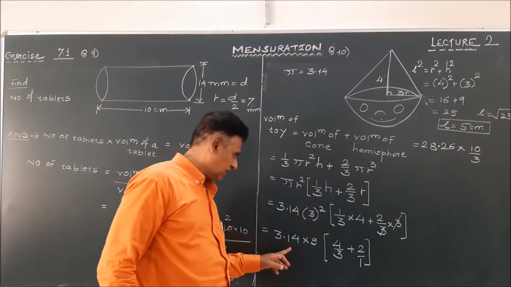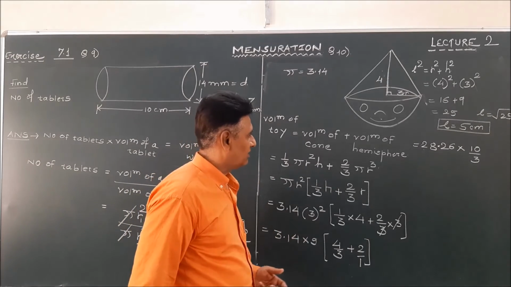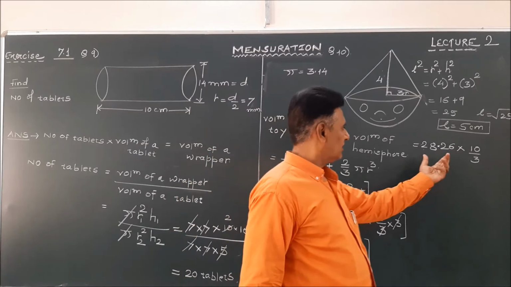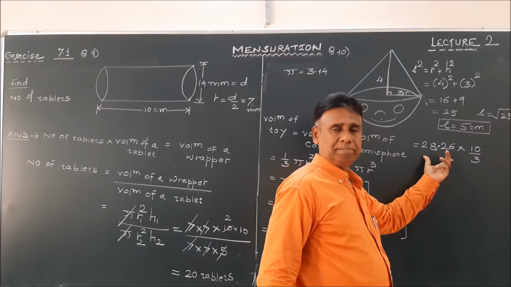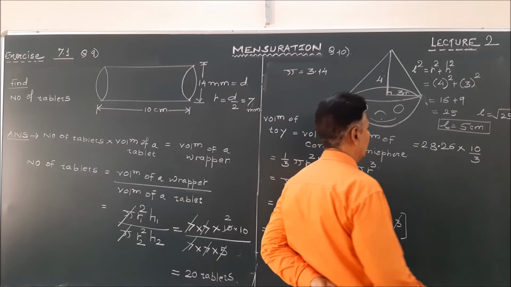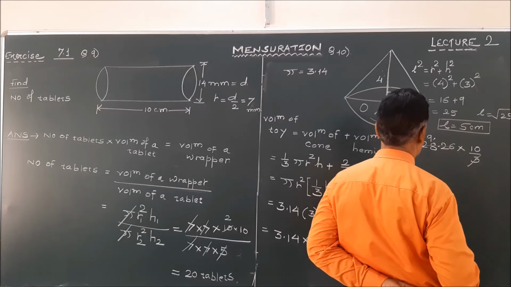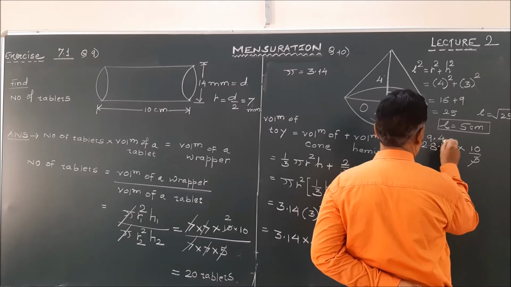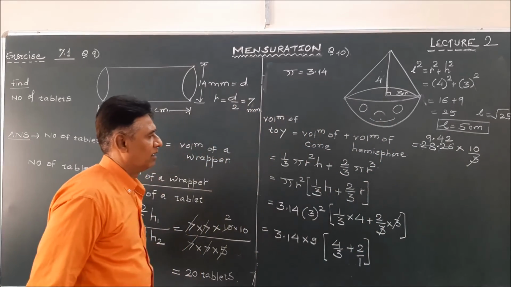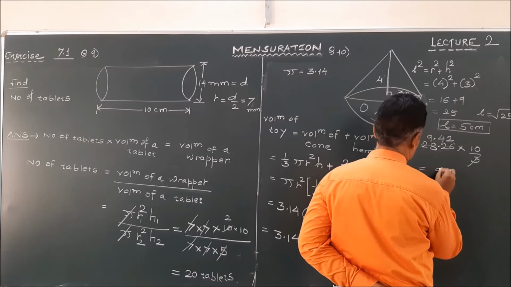Again you see 9 4s are 36, carry 3, 9 ones are 9 plus 3, 12. Right? 12 carry 1, 27 plus 1 is 28. If you add all these digits, you will get 18. And 18 we can divide by 3. So 3 9s, 3 2s are 6. Okay? So that will give you 94.2.